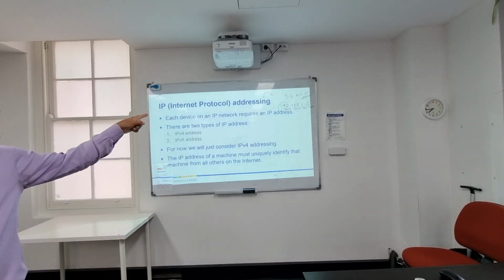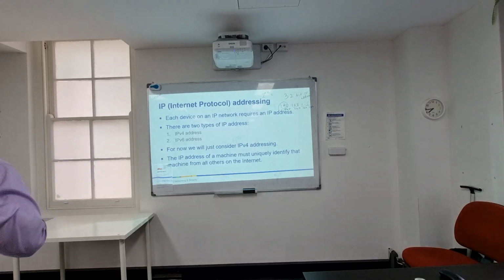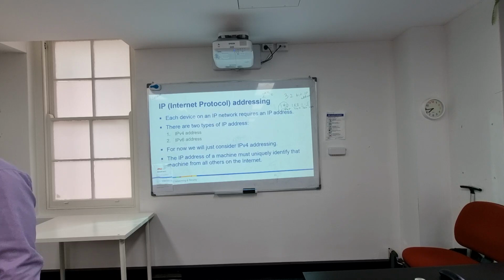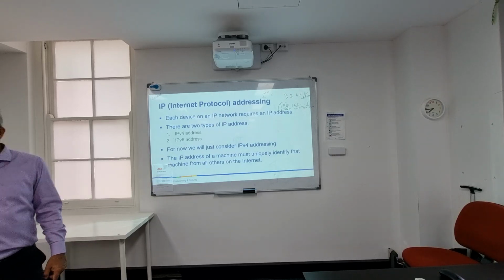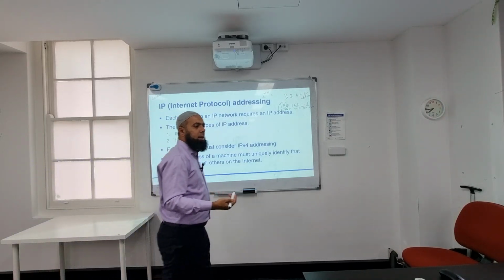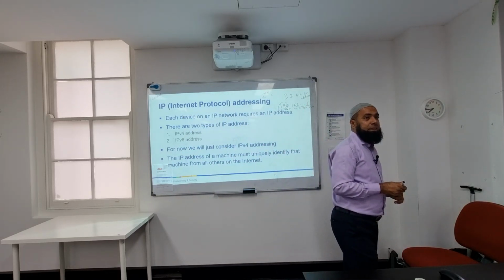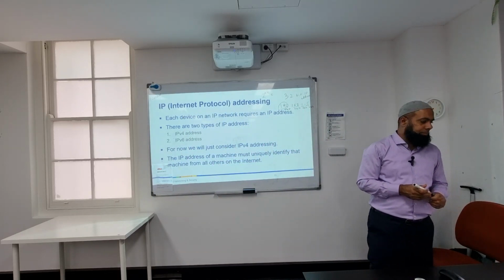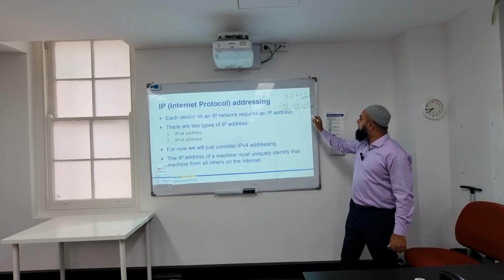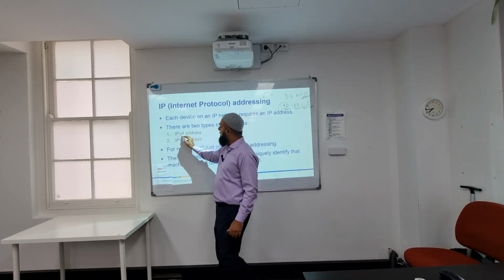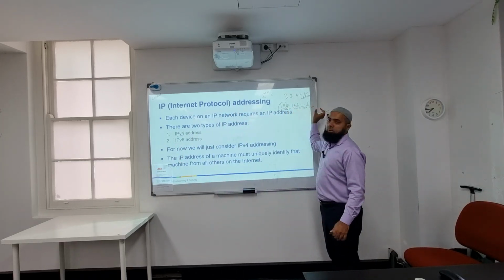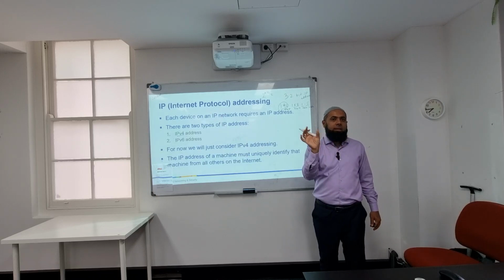Because those 32 bits can be written in 2 power 32 unique forms, and it means that this many computers can be assigned different IP addresses. Make sense? So we start with IPv4 addressing. Why 4? Because we divide it into 4 main chunks.